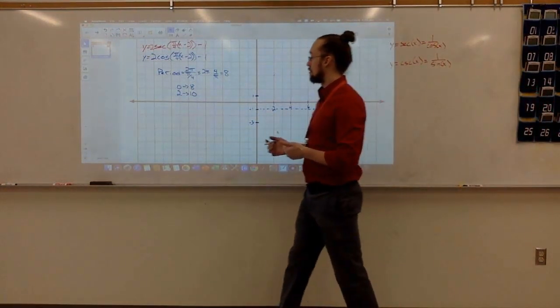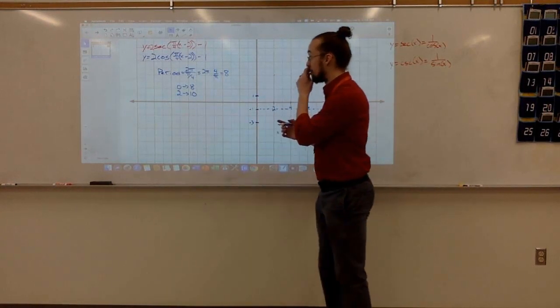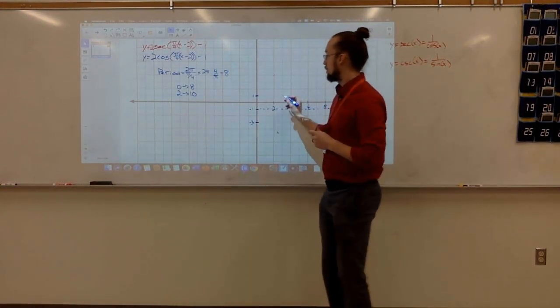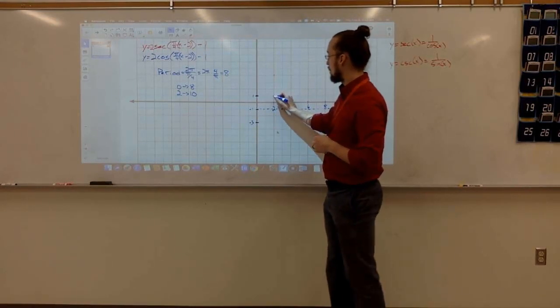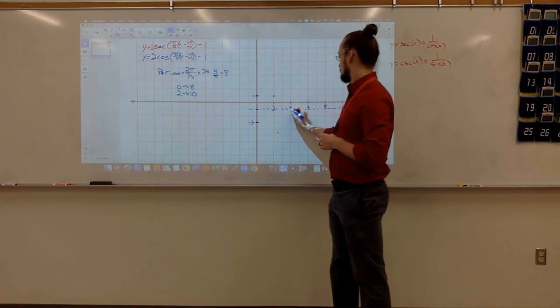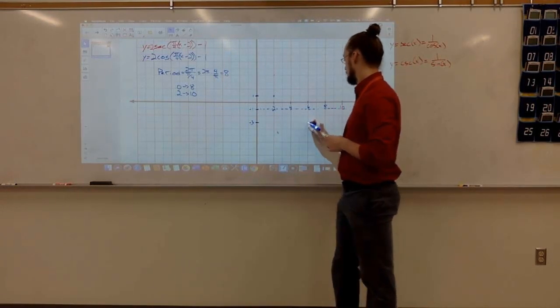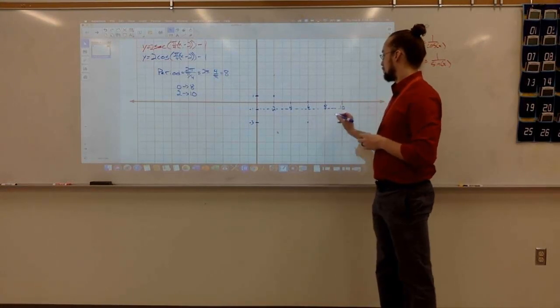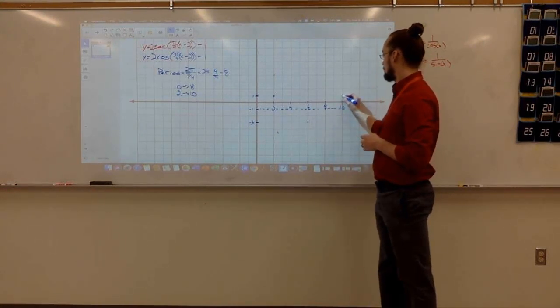Then I can sketch in my curve. First looking at cosine, I know cosine starts at the max, comes back down across the midline, then to the min, then back up to the midline, gets to the maximum again.